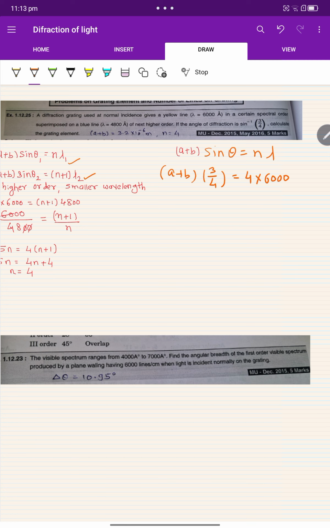So when we calculate, we rearrange this, we get A plus B equals to 4 multiplied by 6000 into 4 divided by 3. And when we solve, we'll get A plus B equals to 3.2 into 10 raised to the power minus 6 meter.